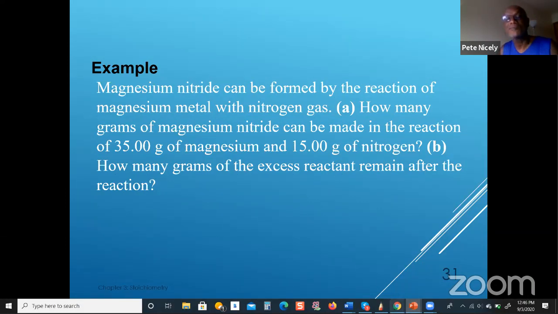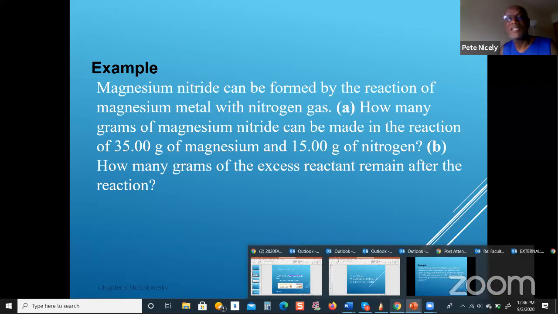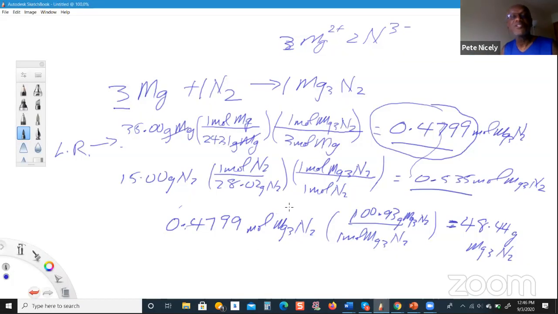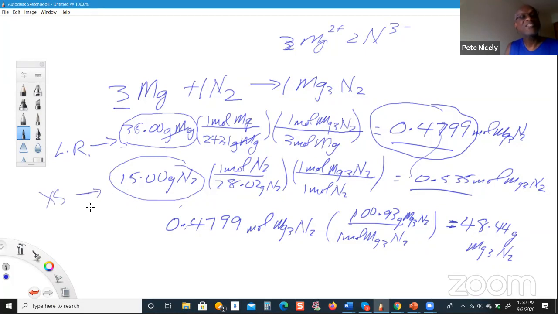All right, now, let me go back to what I was writing on before. You should recognize that, as I mentioned before, this is the limiting reactant, the magnesium, which means that this would be the excess reactant, all right? What the question is asking for is how much of this is remaining after the end of the reaction.